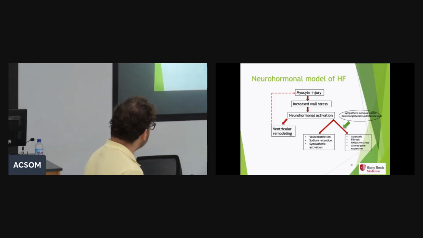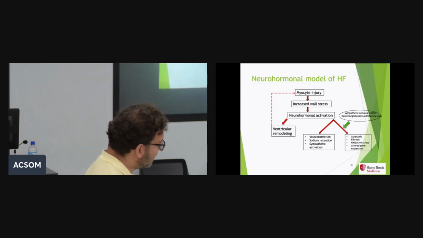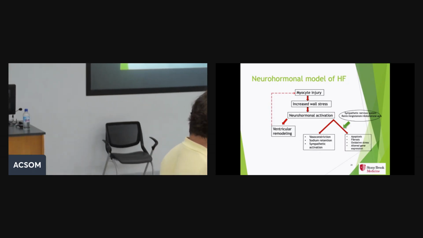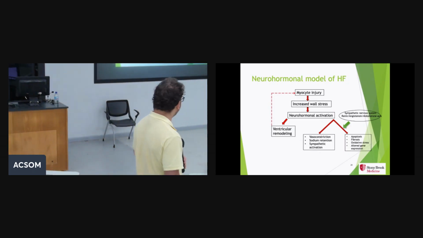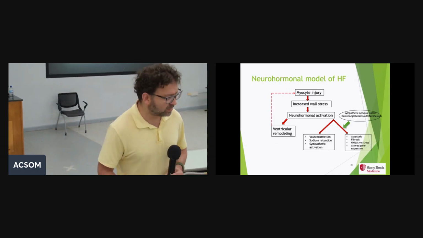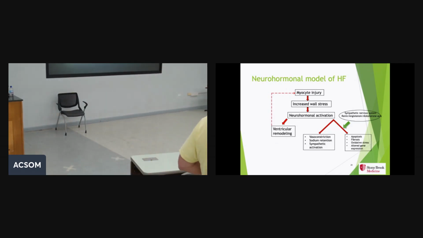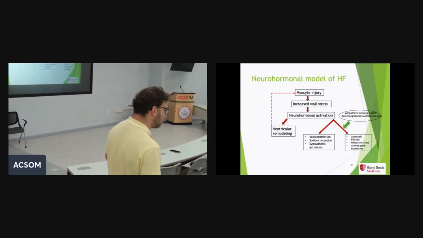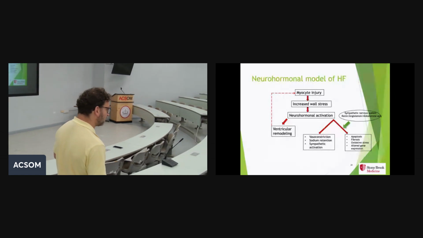So you have myocyte injury and it causes increased wall stress. This increased wall stress leads to a sequelae of events that are hormonal in nature. Ventricular remodeling. What do I mean by ventricular remodeling?